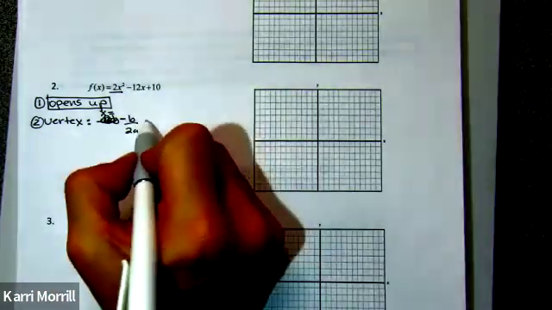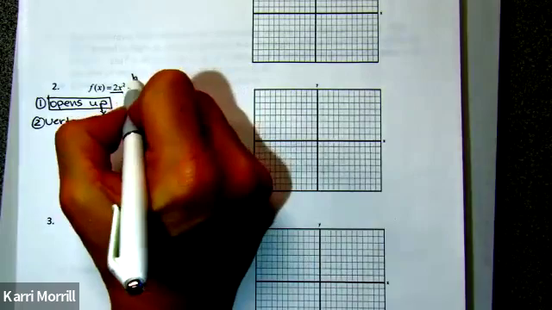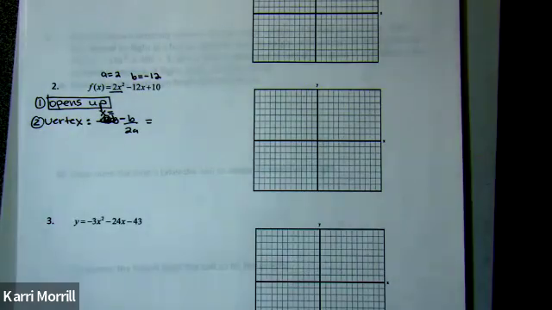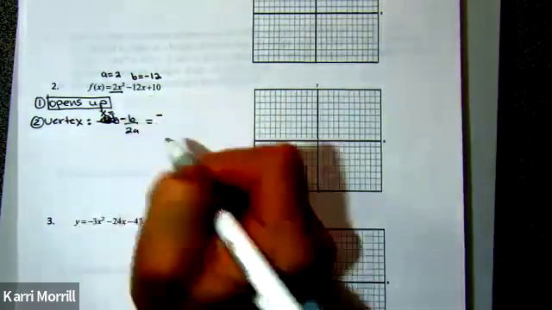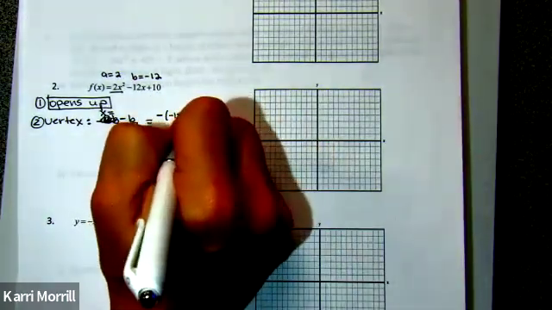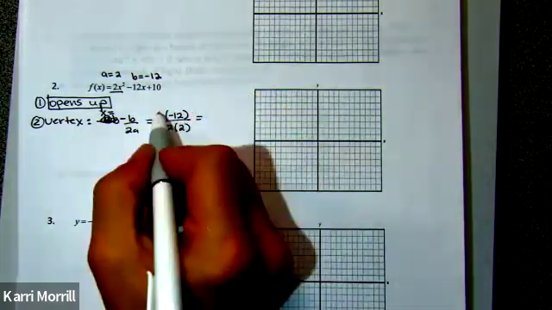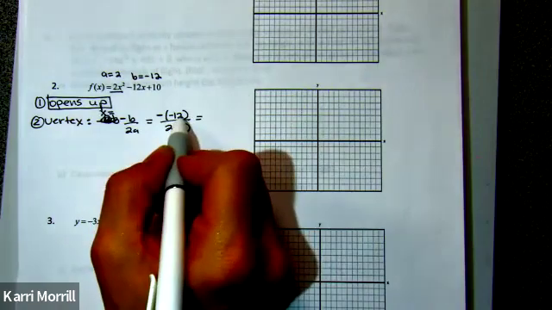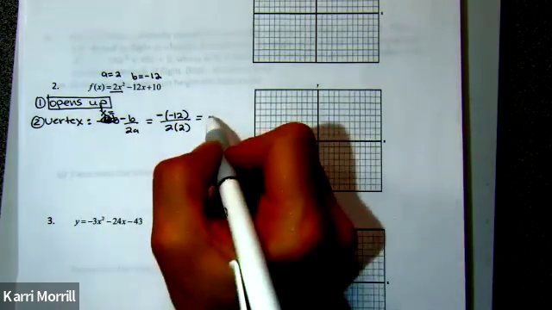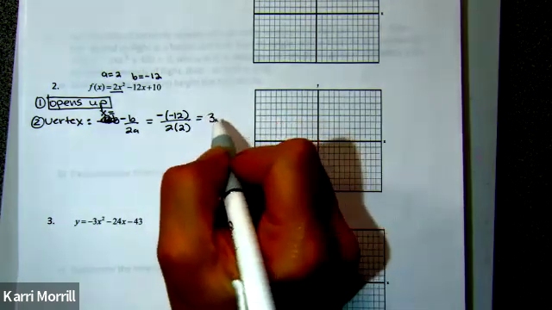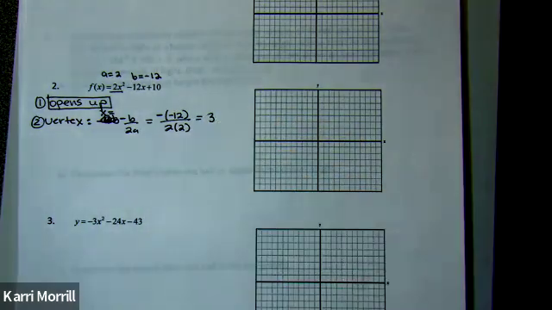So our b value is a negative 12, and our a value is 2 in this problem. So we have a negative in the formula, but our b is a negative 12, over 2 times a, and a is 2. So negative and negative means this is actually a positive 12 divided by 4, which is 3. So my x part of the vertex is 3.